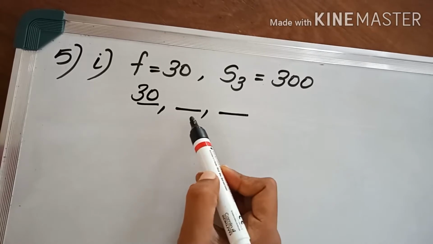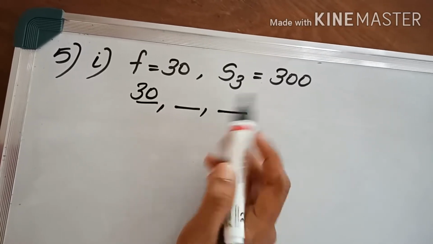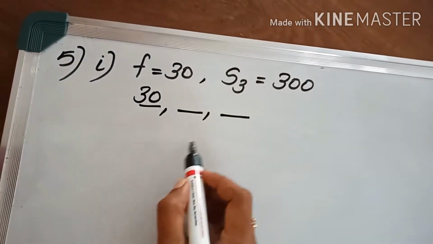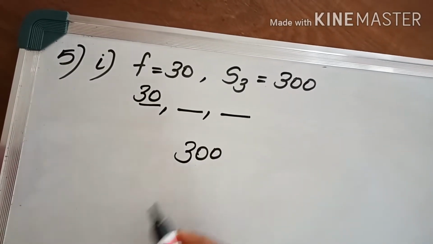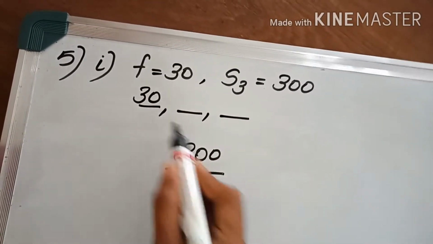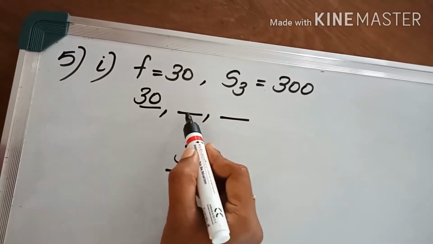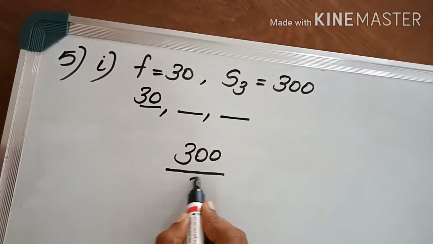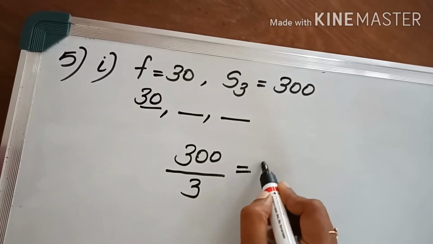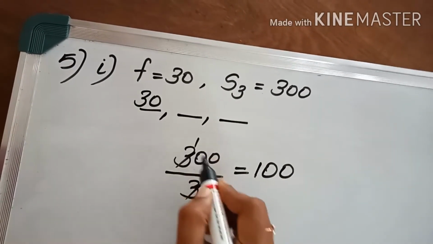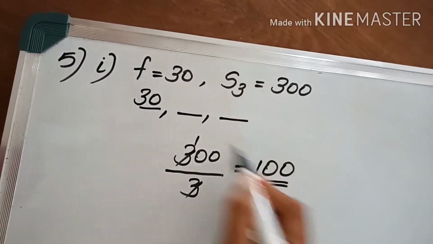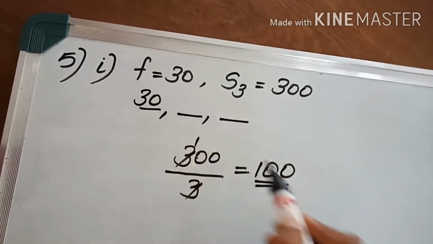So to get the middle number, the only thing you have to do is, the total is 300, that is the sum is 300, divided by how many terms here? 1, 2, 3. So 300 divided by 3 will be the second term, that is 100. Second term will be 100.